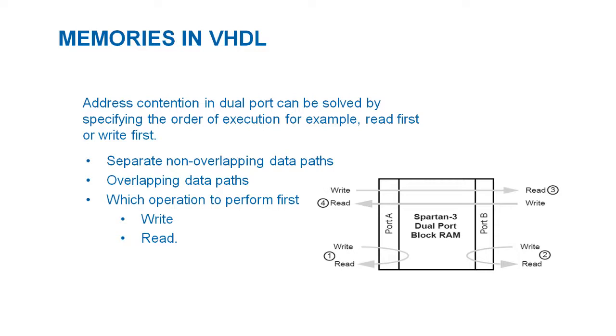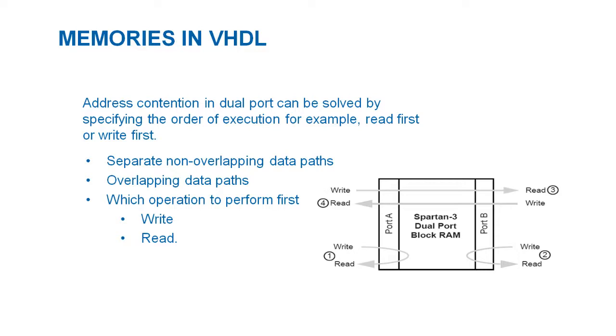So we make sure that the address counter on port A can only count between 0 and 49, and that the address counter on port B can only count for reading and for writing from address location 50 all the way to address location 99. So we have non-overlapping data paths.